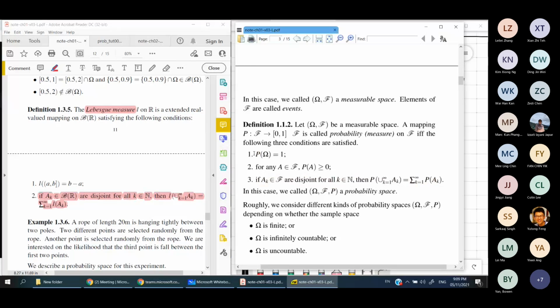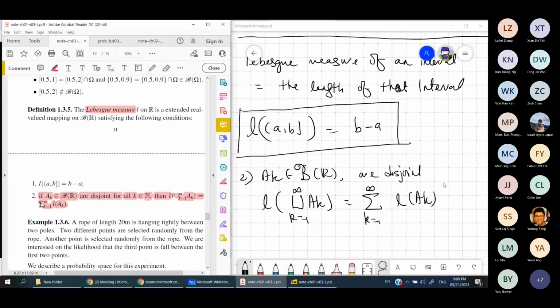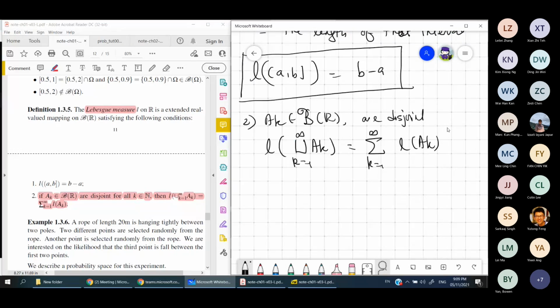For a probability measure, P of omega is 1. However, for Lebesgue measure, what is L of omega? If omega is R, then L of omega is L of R, that is L of negative infinity to infinity. What is the value?